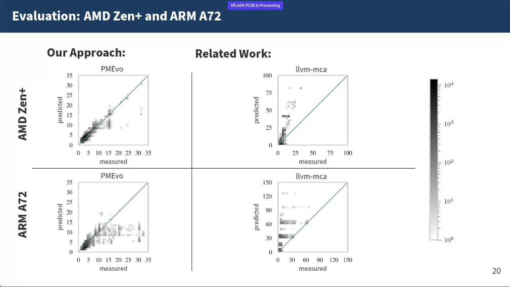But if we compare it again to the LLVM-MCA model, we can see that there are even more dramatic overestimations in there. So also there, I think it's fair to say that we improved over their predictions.